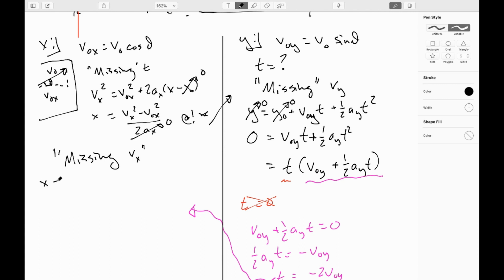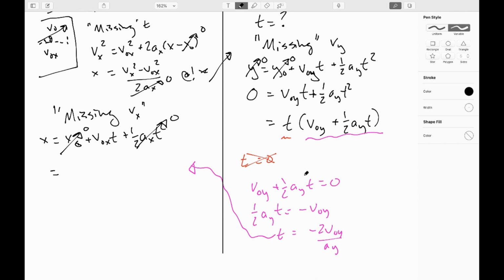So this will say x equals x naught plus v naught x t plus 1/2 a sub x t squared. A sub x is 0, so we're allowed to put that in right away. X naught is 0, so we're allowed to put that in right away. So our value for t that snuck in through the tunnel from the land of y was negative 2 v naught y over ay. So we're going to put that in there to get that my final position is negative 2 v naught x v naught y over a sub y.